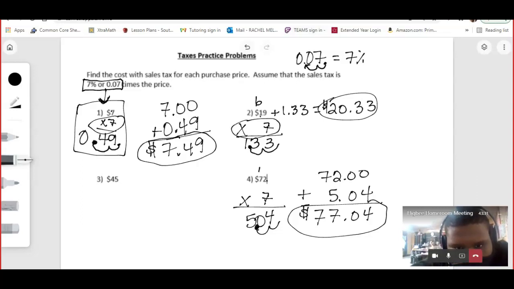Because it tells me in the directions. That's why I started out saying you absolutely have to follow the directions. If your directions say 7%, then you're multiplying by 7. If your directions say 5%, then you're multiplying by 5. Any other questions?